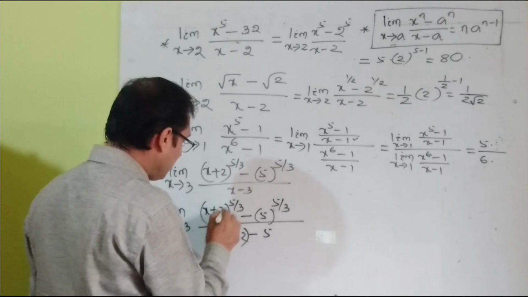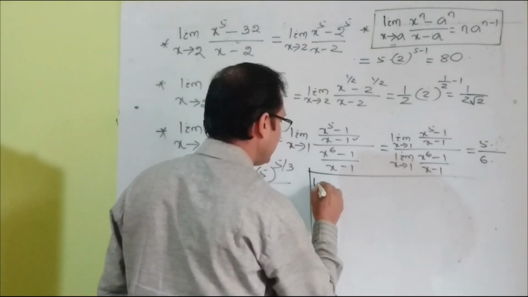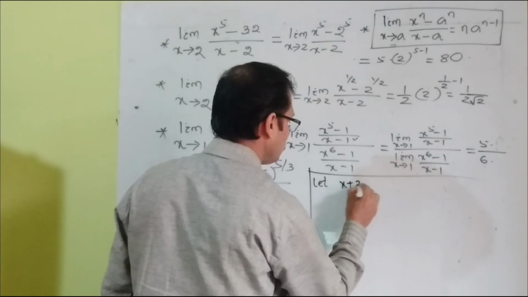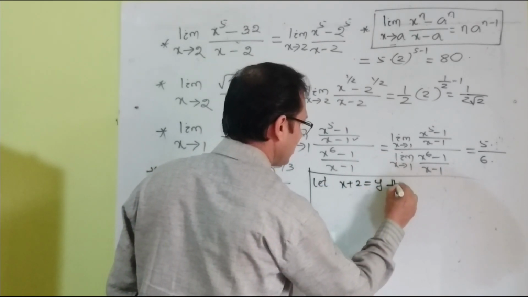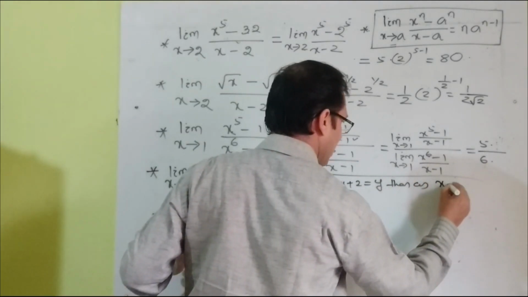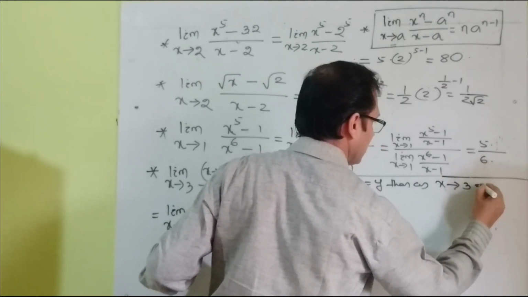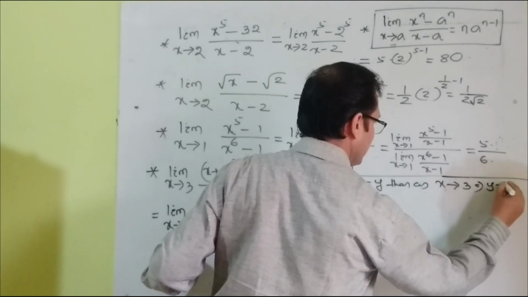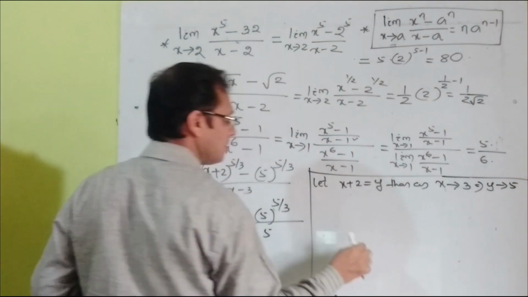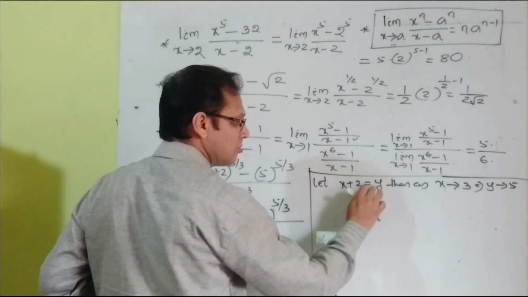So now you will take x plus 2 as y. Here you see, let x plus 2 is equal to y, then as x tends to 3, that implies y tends to 5, isn't it? When x tends to 3, 3 plus 2 is equal to 5, so the value of y should be 5.